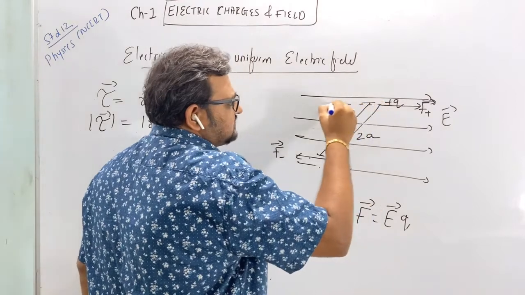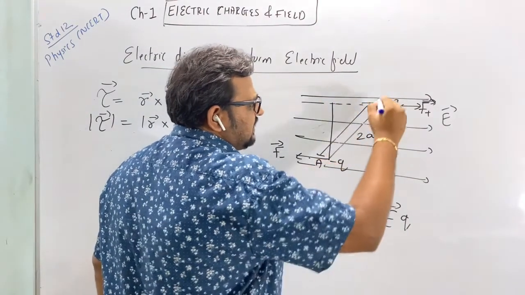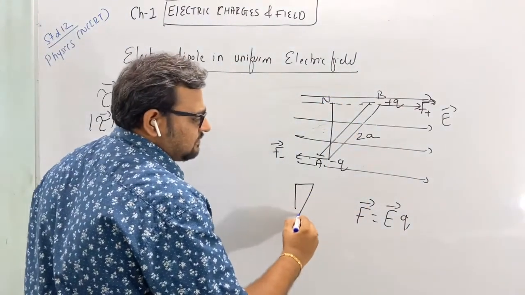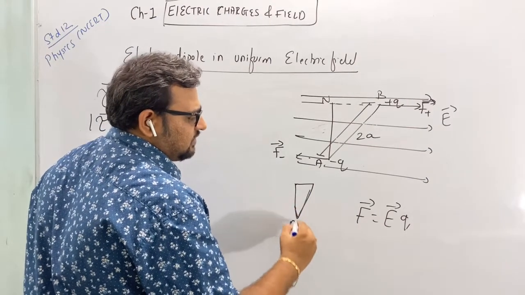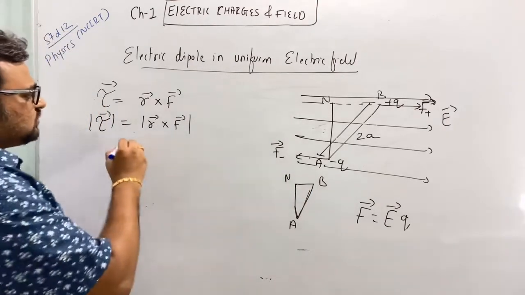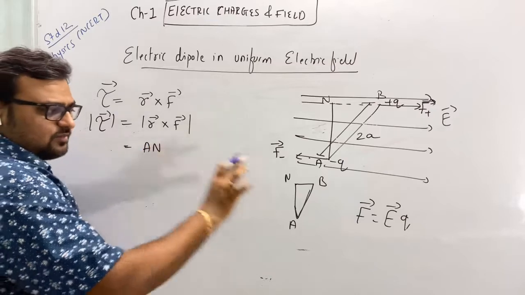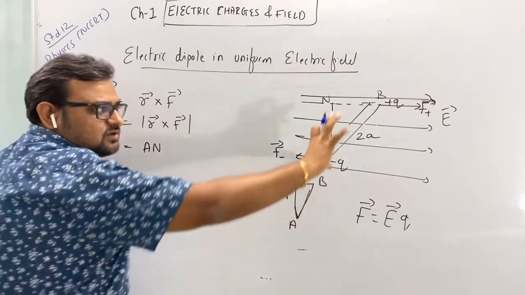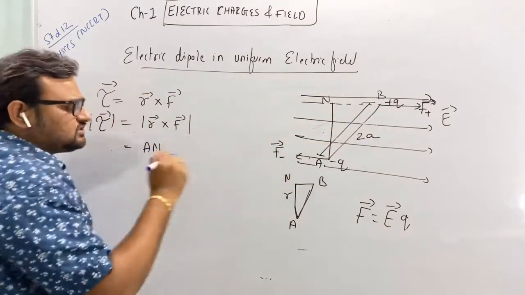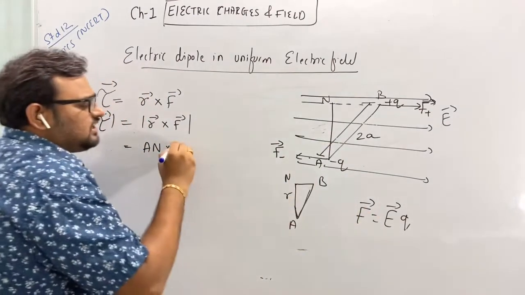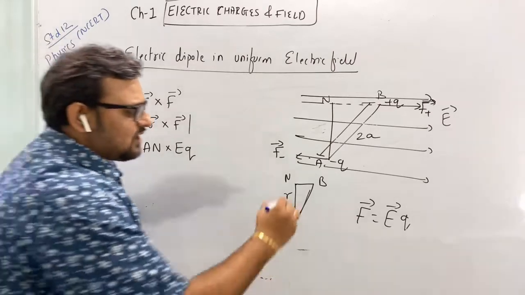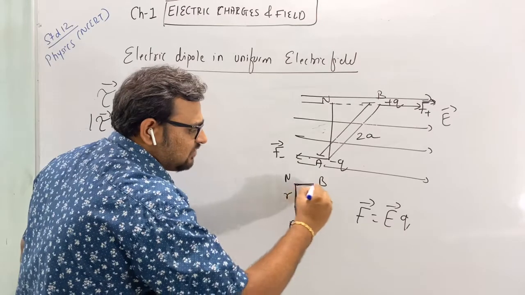Extending this, let's name the points A, B, N, and I'm drawing this triangle A, B, and N. So this will be equal to AN, the perpendicular distance between the lines of action of the forces, into F. What is F? Magnitude wise it will be EQ.